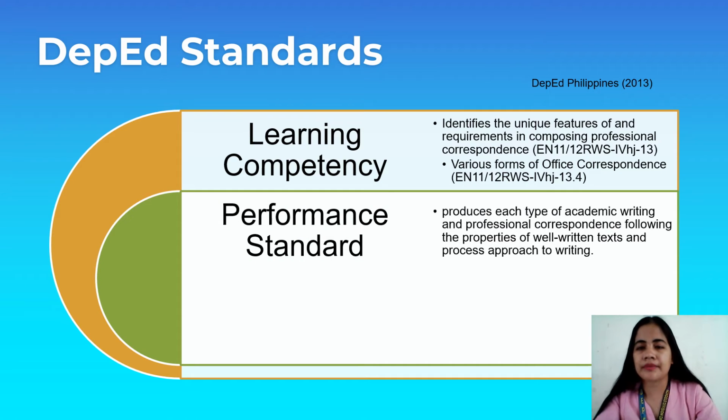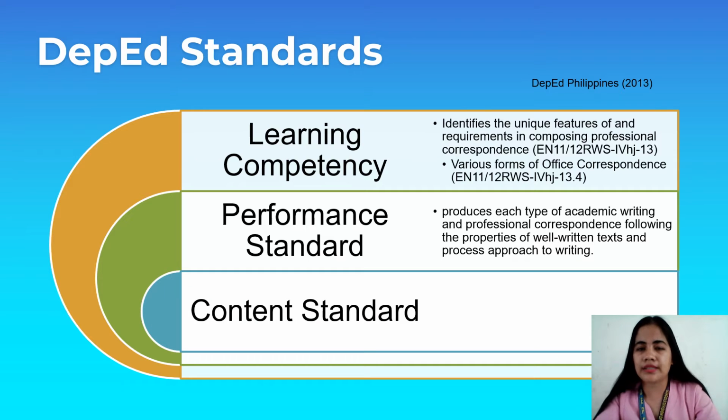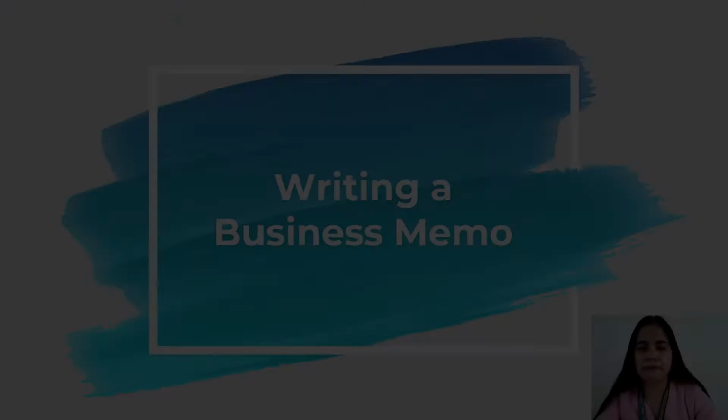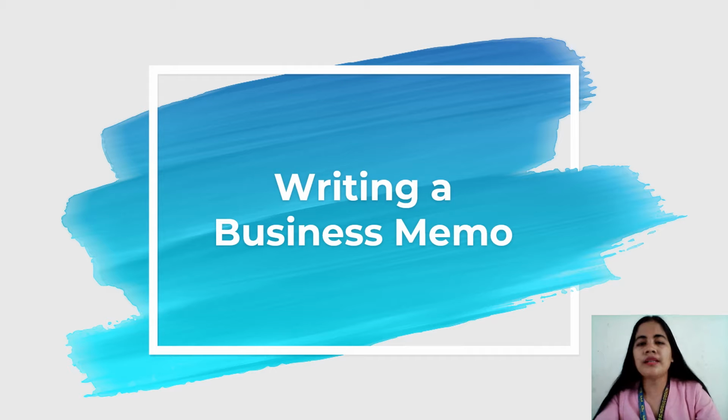Performance standard: produce each type of academic writing and professional correspondence following the properties of well-written text and process of writing. Content standard: understand the requirements of composing academic writing and professional correspondence. So our lesson for today is writing a business memo.